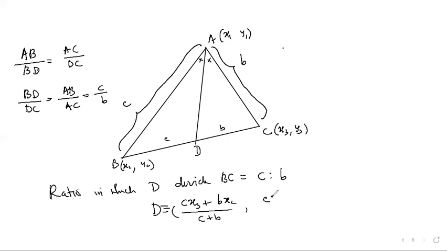Same way, c will multiply y3, b will multiply y2, divided by c plus b. So they cross multiply. This length will multiply this side, this length will multiply this side, and divide by the sum of the ratio.